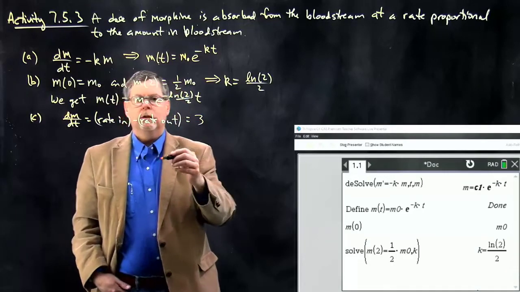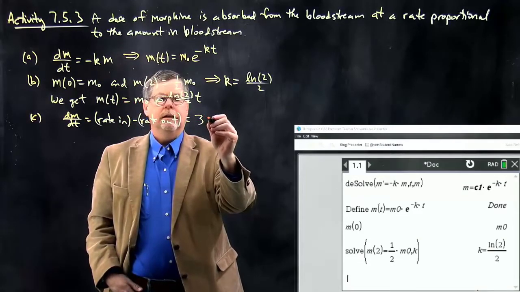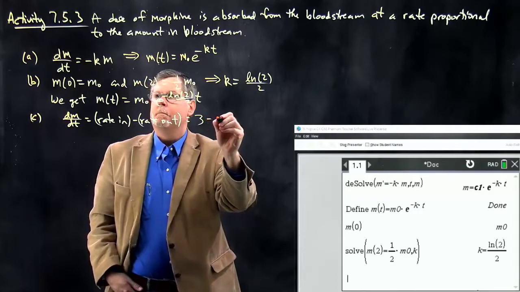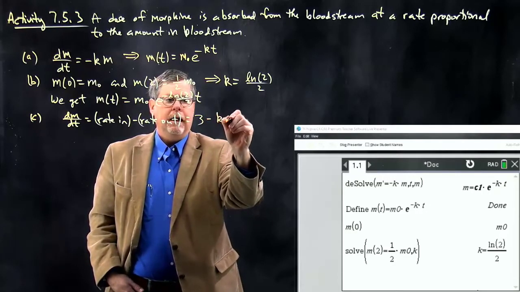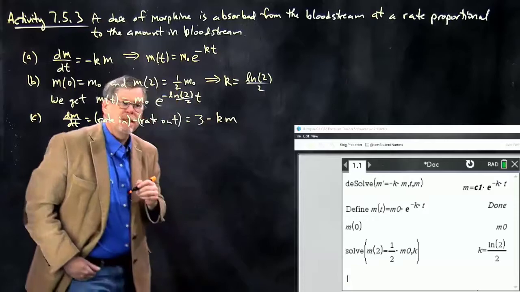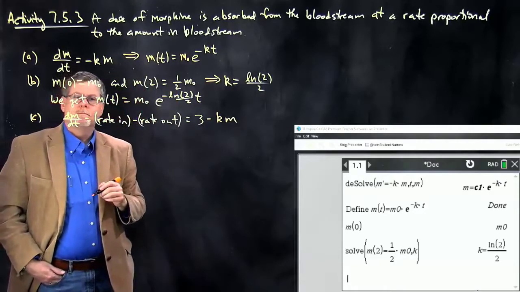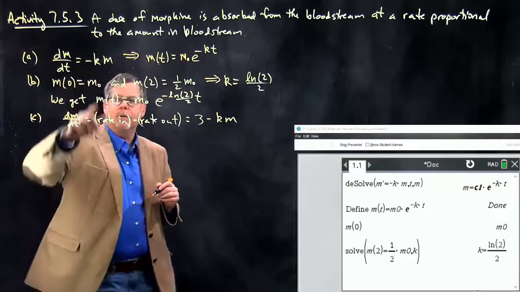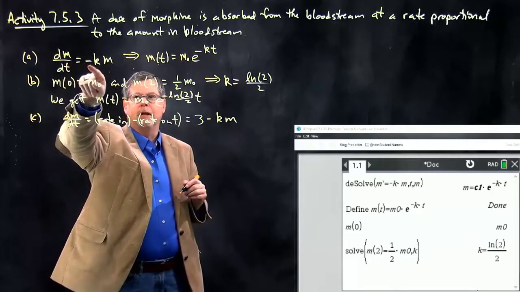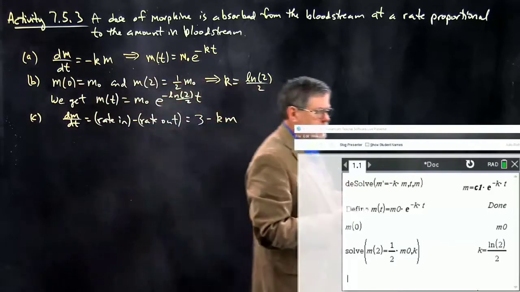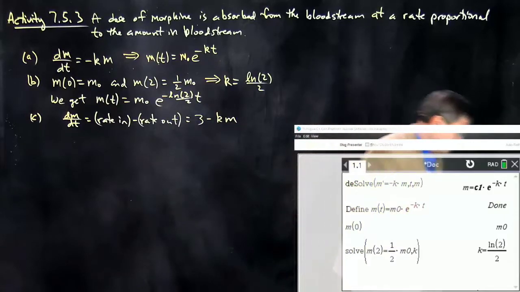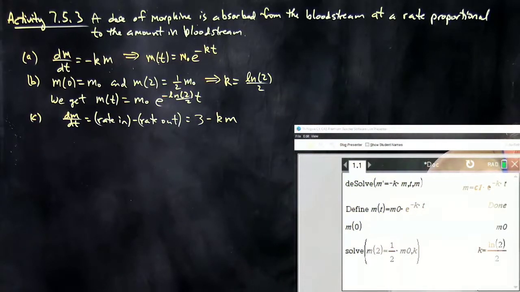The rate out is this, so we've got minus Km. And again, we've taken into account that this is decreasing by putting a negative here. So in a way, you could say we were kind of adding these up, just one of them happens to be negative.